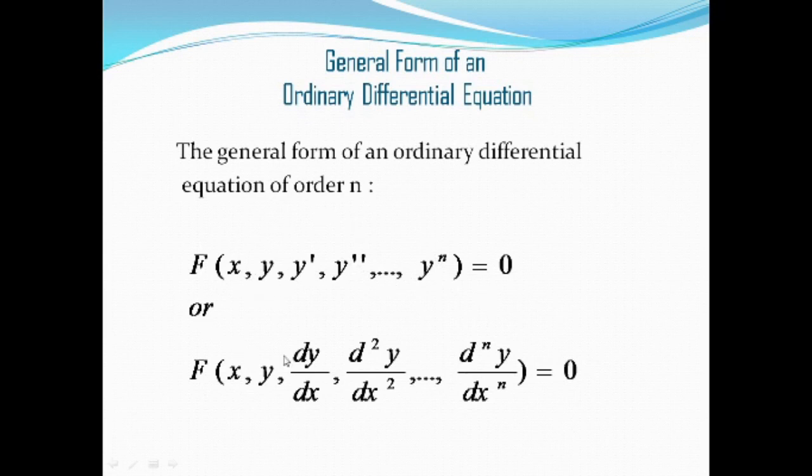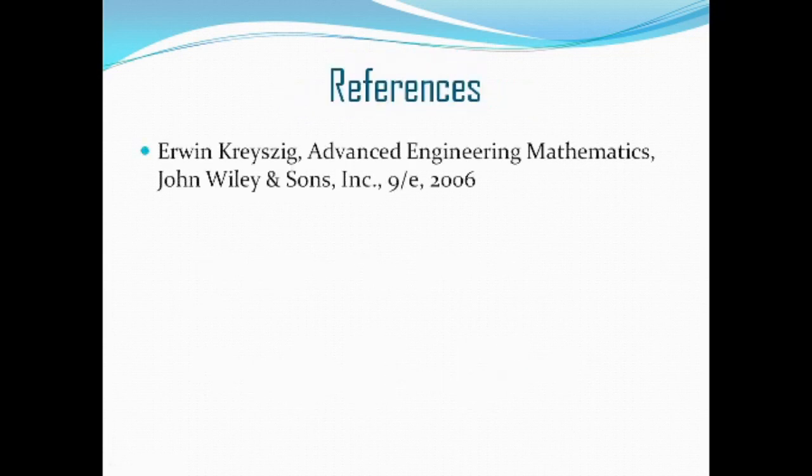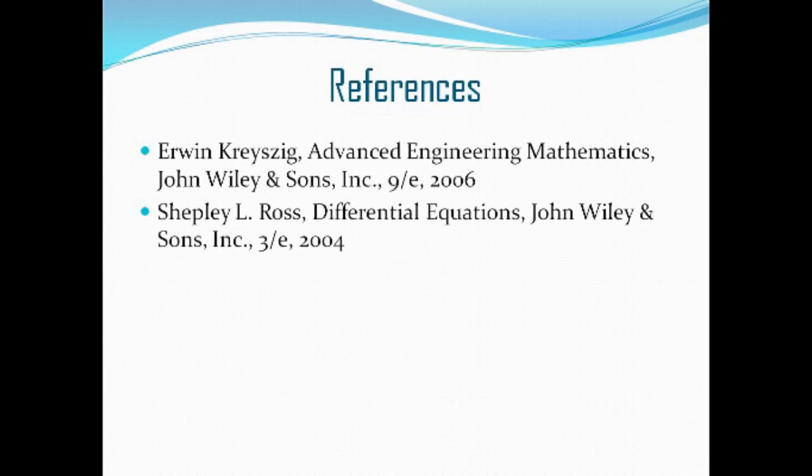So if we have some relation between x, y dash, y double dash up to y^(n), putting that equal to 0, then this will be the way to give the general form of an nth order ordinary differential equation. In place of y prime, y double prime, you can also write dy by dx, d2y by dx square, and so on. Here are some of the references that you can use.